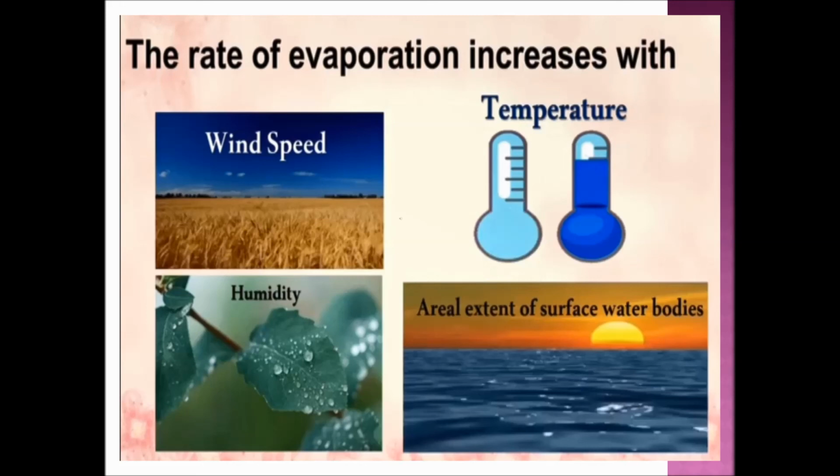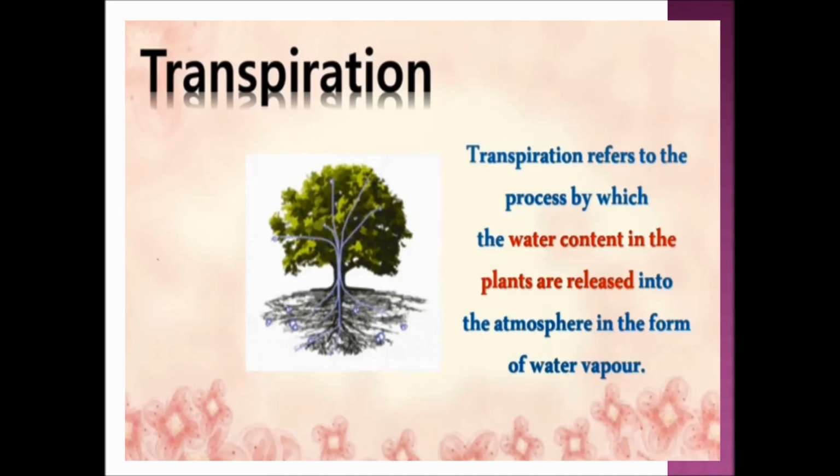Next, we are going to learn about transpiration. Transpiration refers to the process by which the water content in the plants is released into the atmosphere in the form of water vapor.